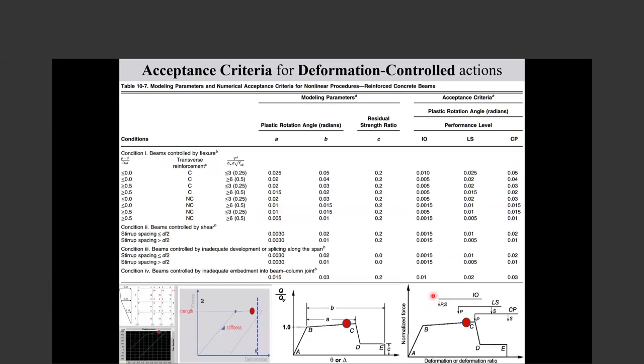So for linear, it was to say acceptance. For nonlinear, the damage, plastic deformation, even with the values.